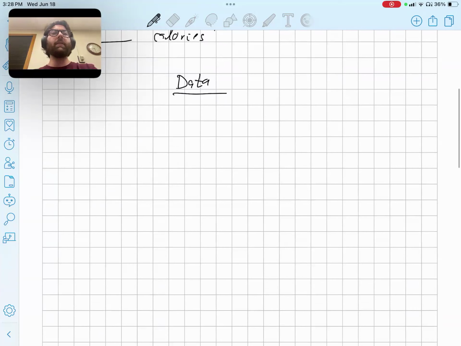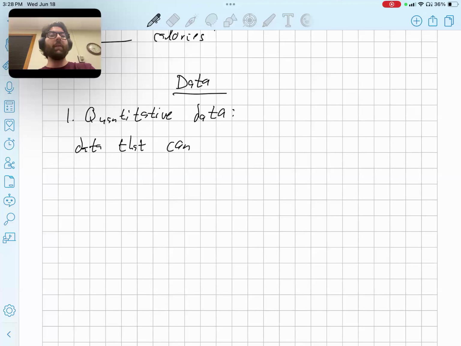Data comes in 2 different flavors. First, we have quantitative data. This is data that can be expressed with numbers.